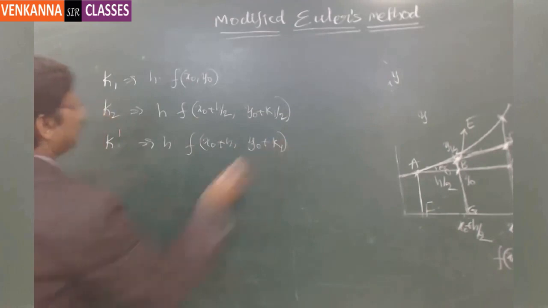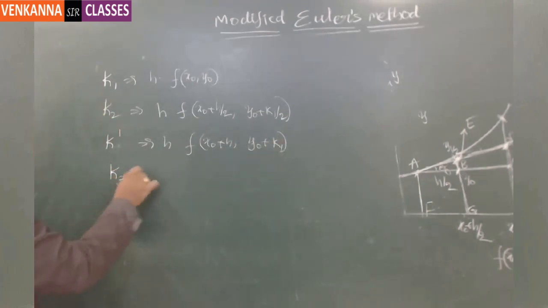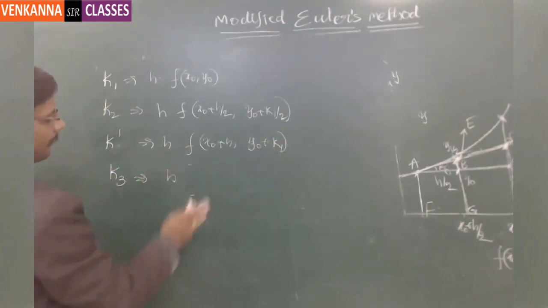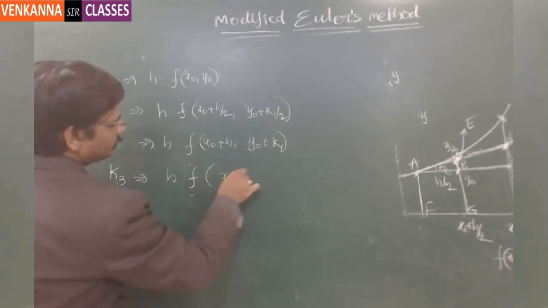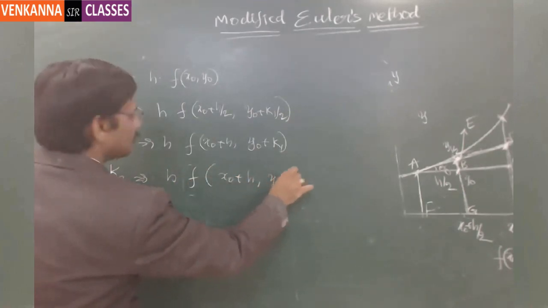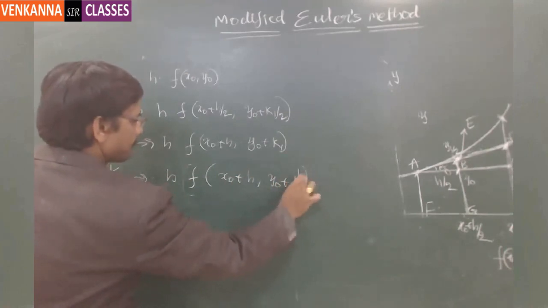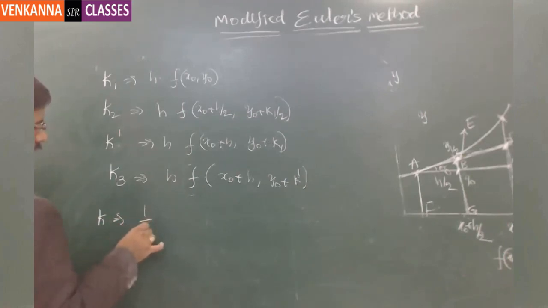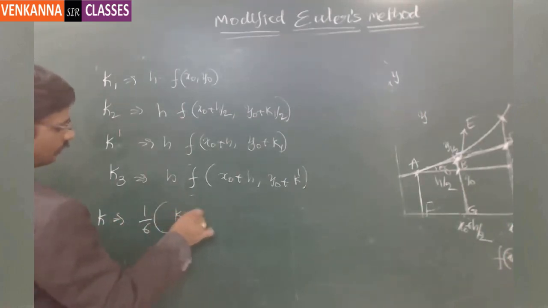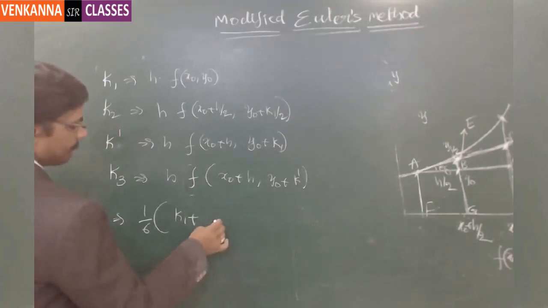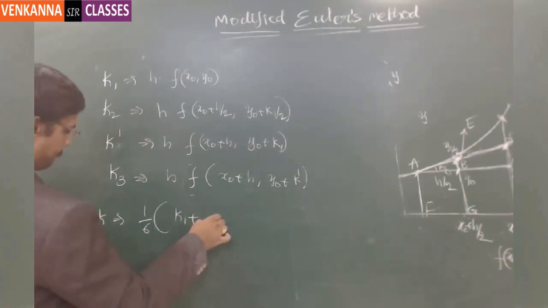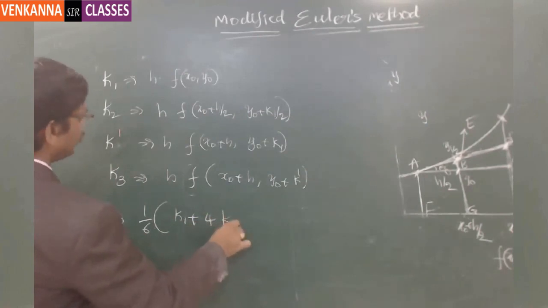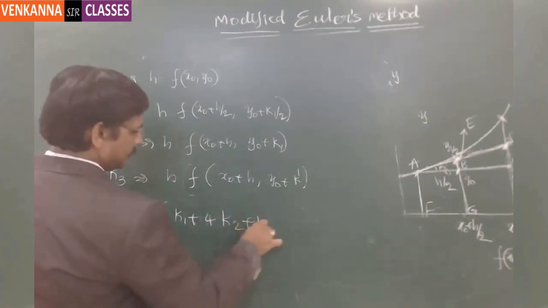So here, actual k1, yeah. K3 is h times f of x naught plus h comma y naught plus k dash. Then when we are finding the value of the integration, k is equal to 1 by 6 times k1 plus four times k2 plus k3.